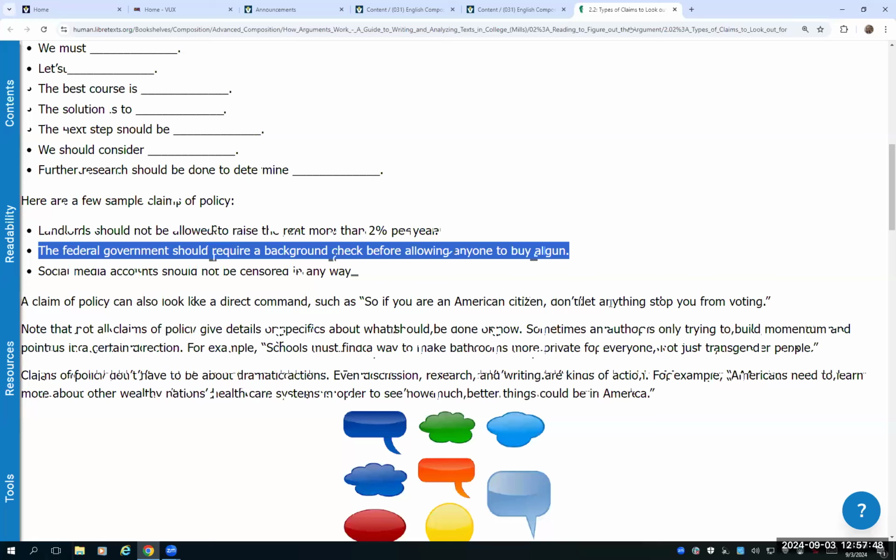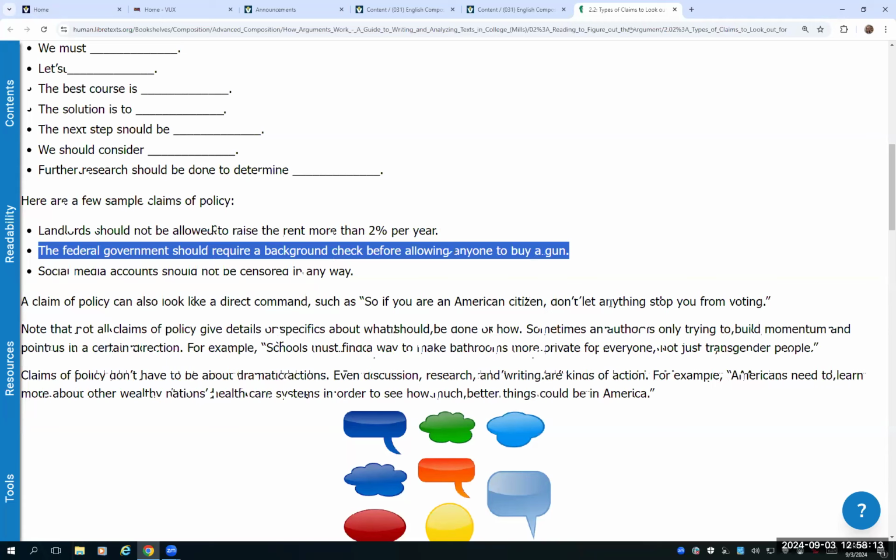So here again, we know it's a claim because it's addressing a problem. The problem would be background checks for guns. It's contestable. This is saying that background checks should be required before allowing a person to buy a gun.